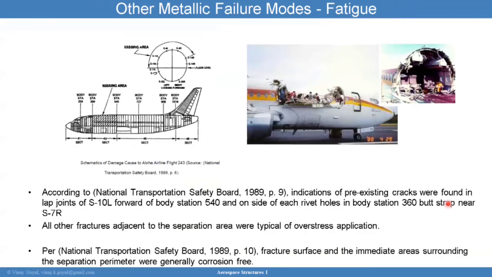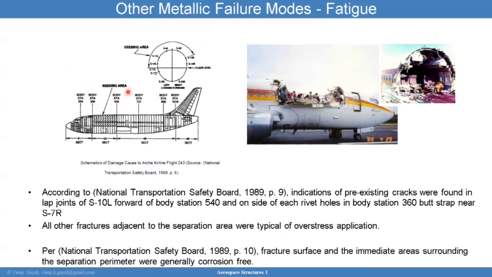Here's an example of a Hawaiian Airlines aircraft where a portion of the roof of the fuselage was lost. According to the National Transportation Safety Board, the indications were that pre-existing cracks were found in lap joints of Station 540 that you see here, and on the side of each rivet hole in body Station 360 over here, butt strap near S7R.